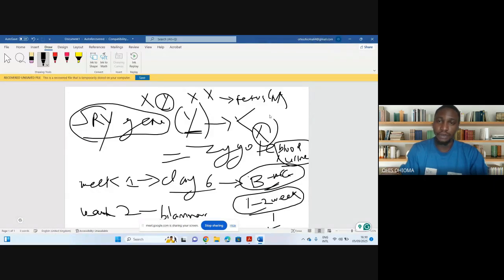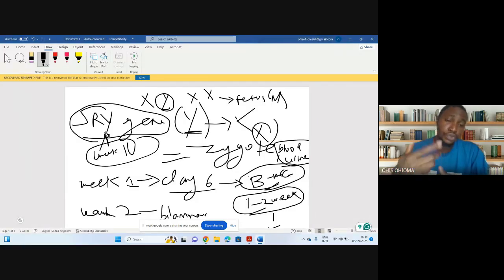And then the guy becomes a male. So at week 10, this gene starts expressing itself, and then the earliest form of sex determination can be seen, right?